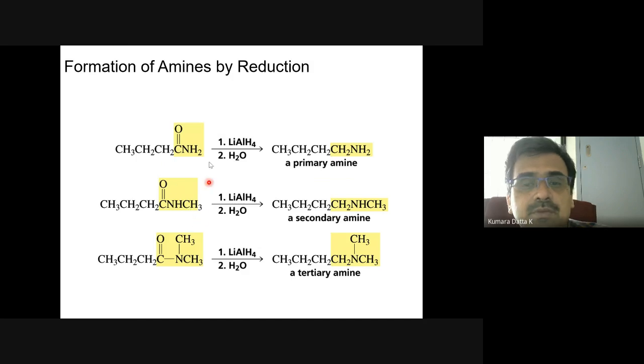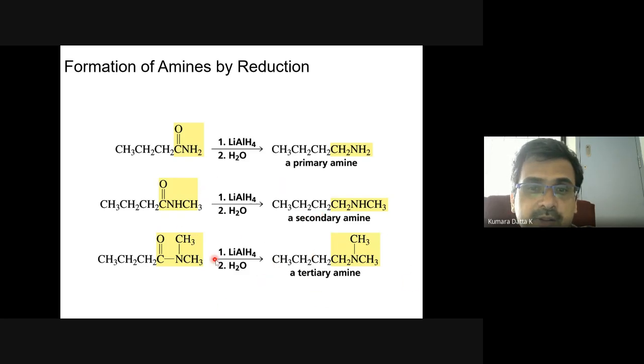Also, using lithium aluminum hydride, we can form amines. If we want to reduce the C=O groups, we can get CH2, so we can reduce even here, or we can make a secondary amine or a tertiary amine.